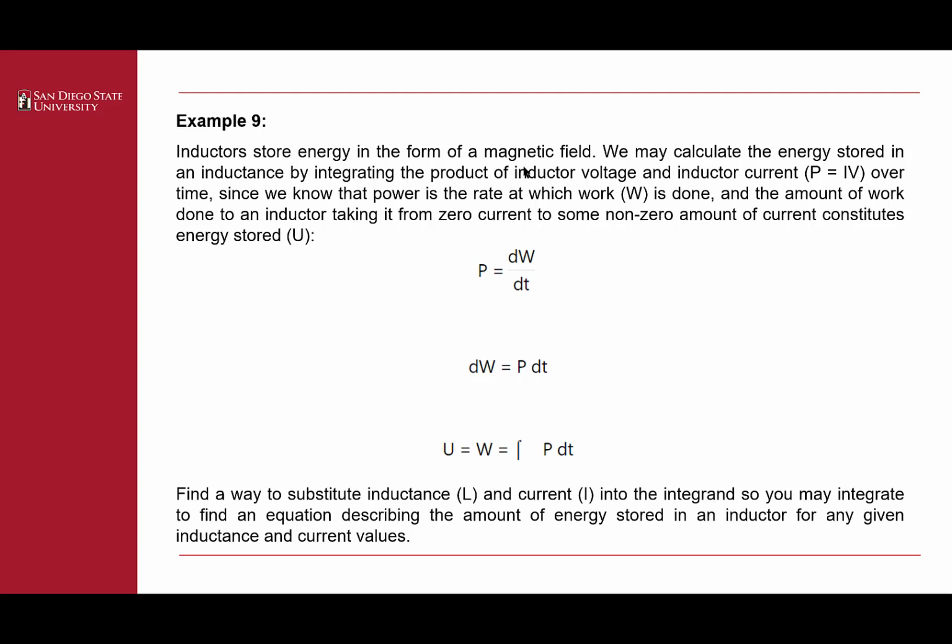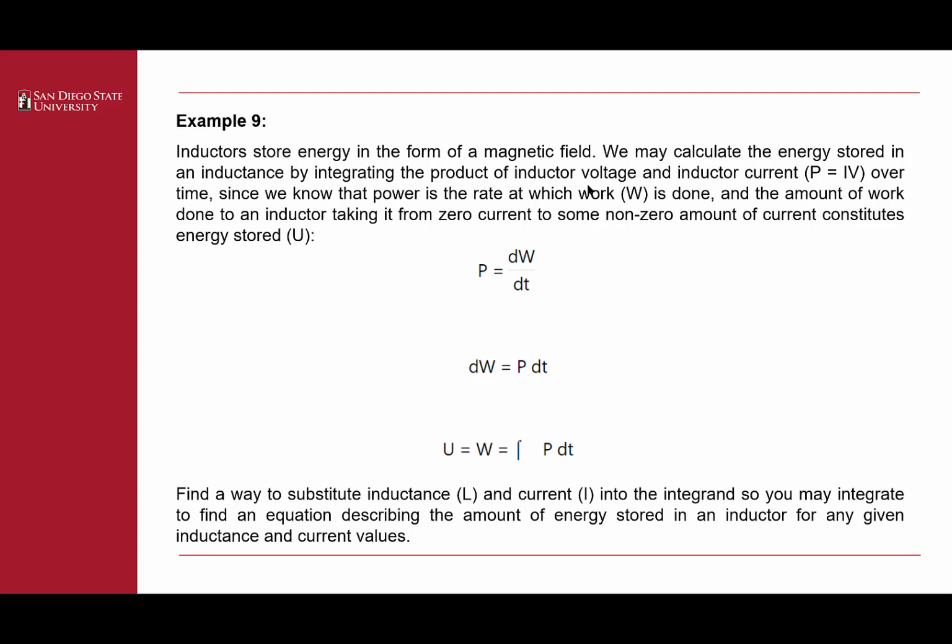From these definitions, we get that P equals dW/dt. Means that the change of work with respect to time, or derivative of work with respect to time, is equal to P. And from here, if we multiply both sides with dt, we will get dW equals P dt.